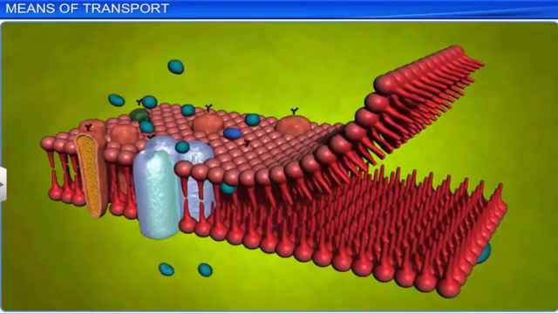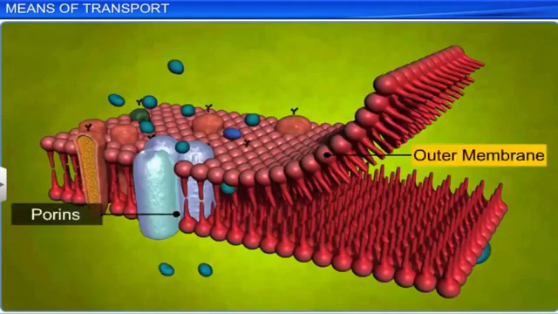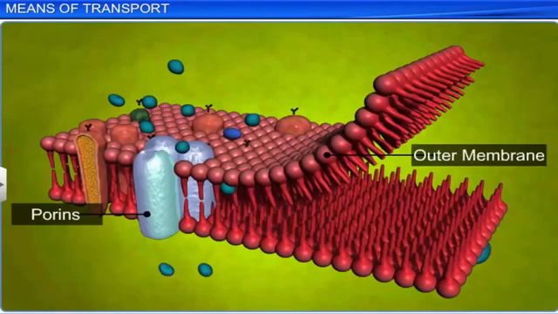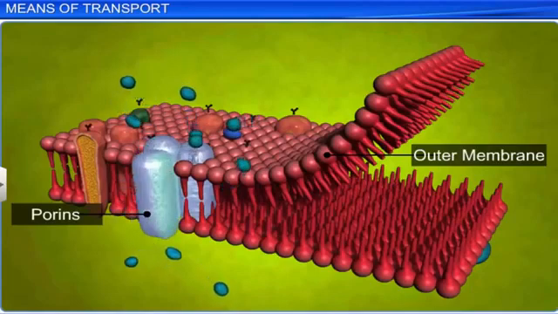Some transport proteins, called porins, form pores in the outer membranes of cell organelles, such as plastids or mitochondria, to allow molecules of the size of small proteins to pass through. When a molecule binds itself to a porin, it rotates to release the molecules inside the cell.